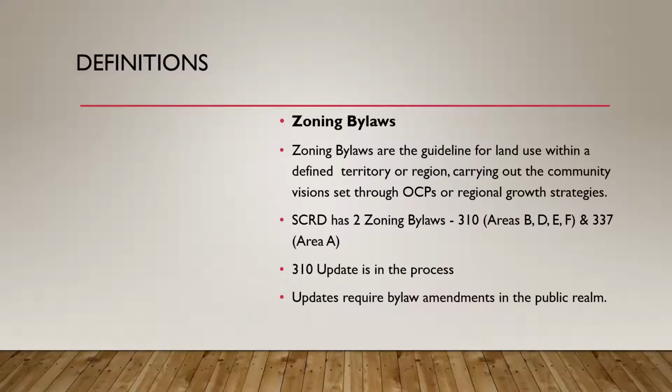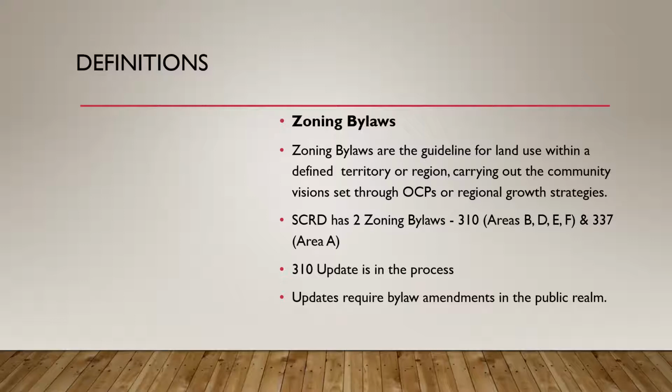Zoning bylaws. So zoning bylaws essentially stem from official community plans, and they're the guide for land use within a defined territory or region, and they're carrying out the community visions that are set through those official community plans, or if there's a regional growth strategy, it follows along those lines. The regional district here has 2 zoning bylaws.